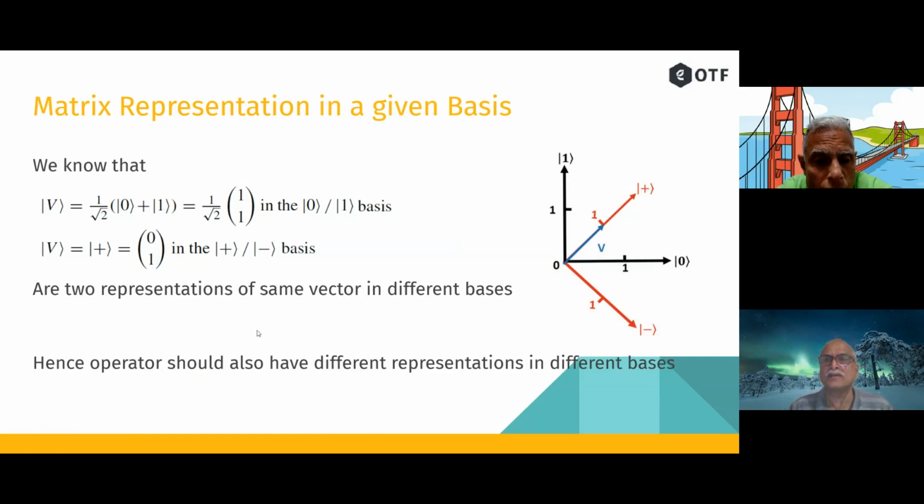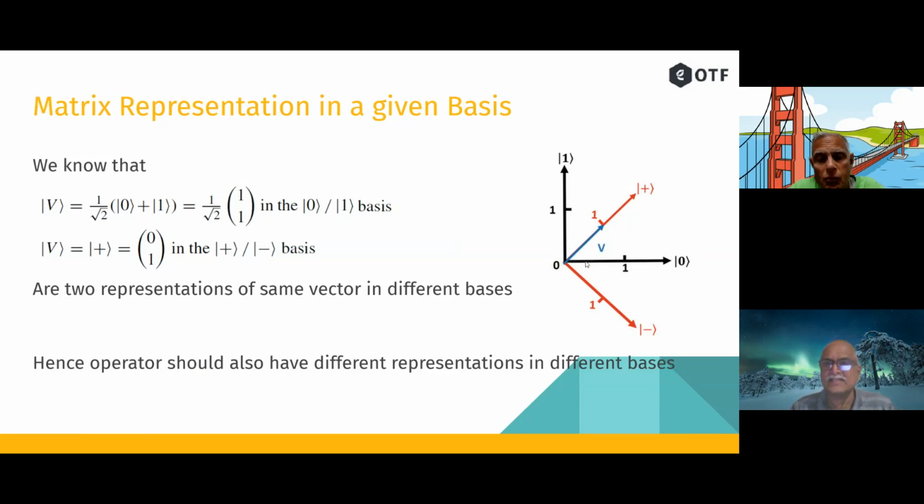So here is a small picture. This particular picture is not really in the context of the spin mechanism. It is a diagrammatic representation of space. Here, let us say I've got the vector v, denoted in the ket0, ket1 space. Assuming that this vector v is a unit vector, this angle would be 45 degrees.